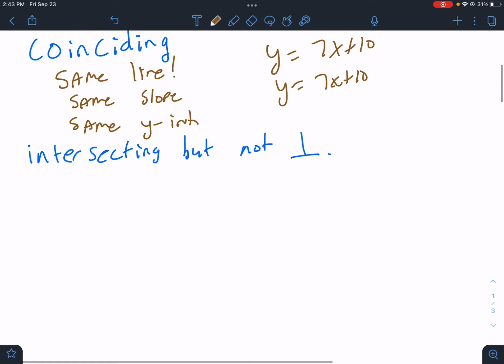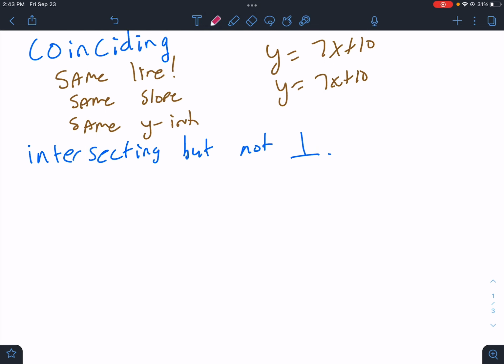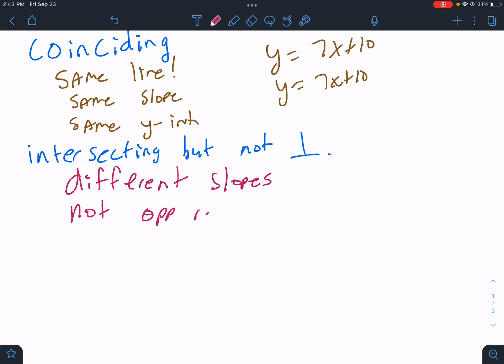And then intersecting but not perpendicular. What's going on there? This just means different slopes. As long as they're not opposite reciprocals. Because if they're opposite reciprocals, then they're perpendicular.